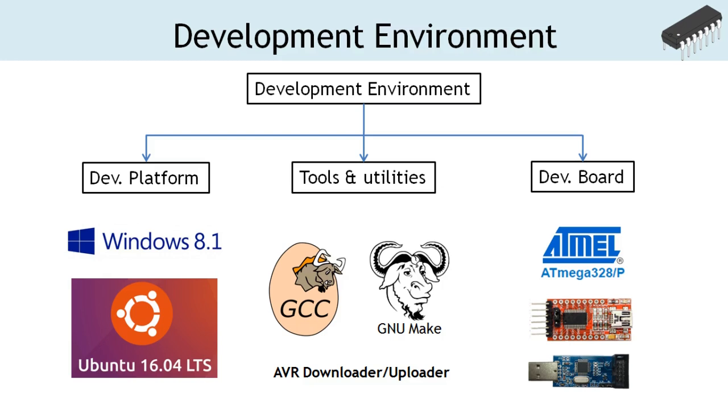The tools and utilities include the different open source programs to compile the source files and flash the binary image onto the microcontroller. The development board includes the target microcontroller and the related circuitry on which the embedded software runs. It also includes the USB to serial adapter and the in-circuit programmer which is used to program the on-chip memory.